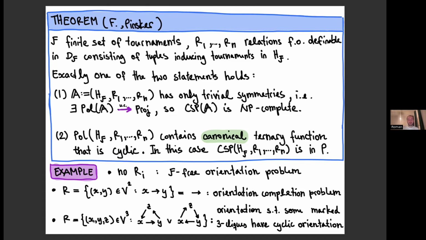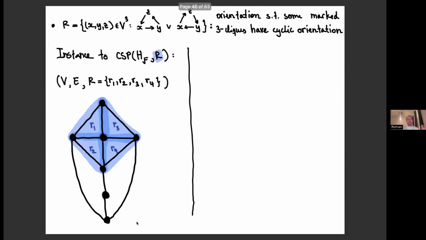So we look at triples X, Y, Z such that either there's an edge from X to Y, from Y to Z, and from Z to X, or there's an edge from Z to X, from X to Z, from Z to Y, from Y to Z. And this will be an orientation problem where some marked 3-cliques have to be oriented in a cyclic way.